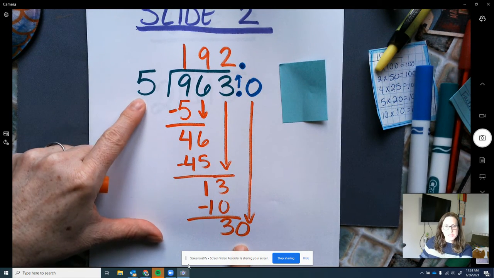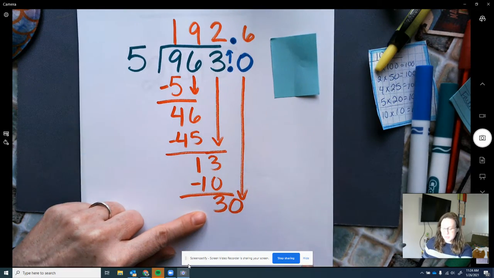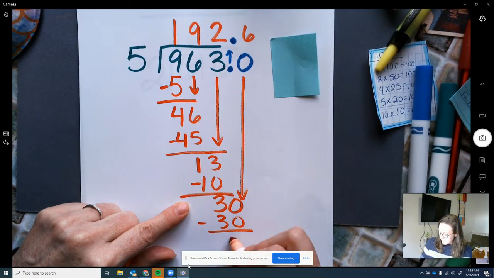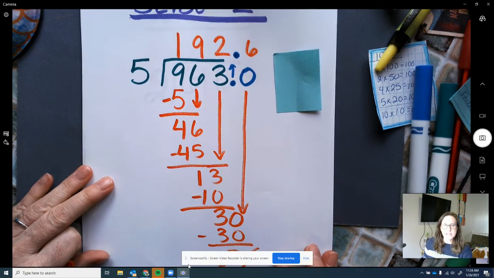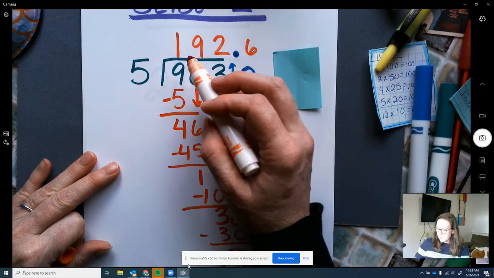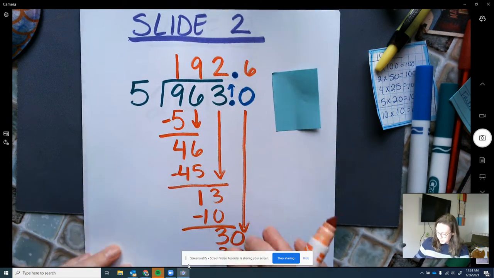So how many times does 5 go into 30? It goes in exactly 6 times. And we subtract, 6 times 5 is 30. And now we have nothing left and we are done. So that's how we get to the quotient of 192 and 6/10 for slide number 2.